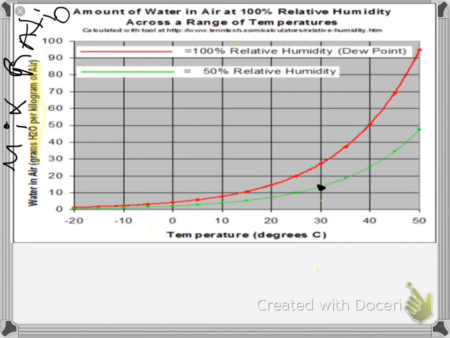Everything on the curve is 100% saturation or saturation mixing ratio. It means that my air has no more capacity to hold any more water if I happen to be on this line. If when I line up and put my dot on the line, I'm on that line, I'm at 100%. Everything above the curve is condensation greater than evaporation.